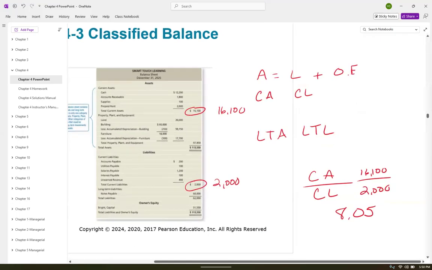For every $1 that I have in current liabilities, I have over $8 in my current assets. You got a lot of current assets sitting around, and you got to remember, current assets don't make us near as much money as long-term assets do. So you have to find a perfect balance to have enough to pay the bills, plus have other assets invested so you can make more money from it. We'll talk a lot more about this when we get to financial management.